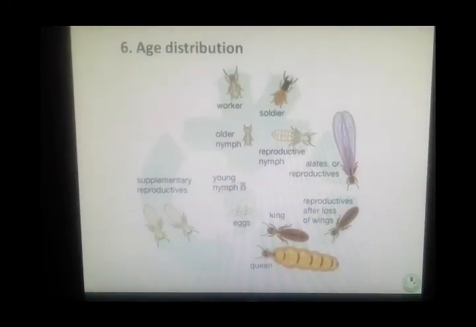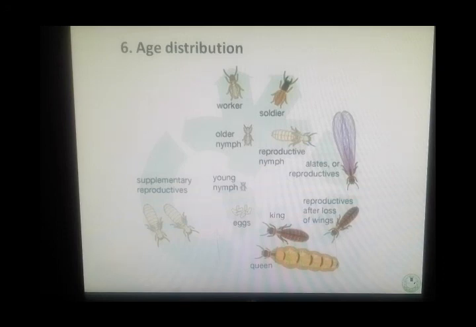Now, the last parameter to understand the characteristics of a population is age distribution. Age distribution is the relative proportion of individuals belonging to different age groups. That means some individuals may be in the early instar, some in the later instar, some even in the adult stage.